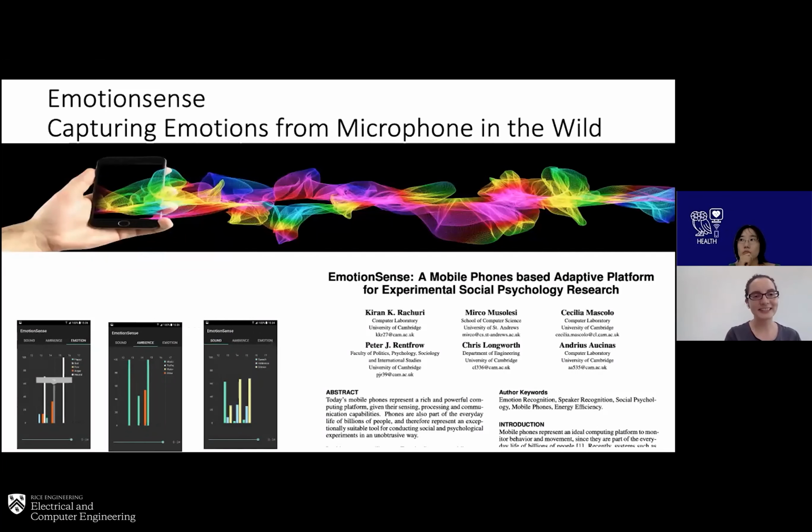Starting from 2010, we've been doing some work. So this was published in 2010, so we started a bit early, but this is a UbiComp 2010 paper where we use microphones of Symbian phones. So these were Nokia Symbian phones, quite luckily with very good battery.